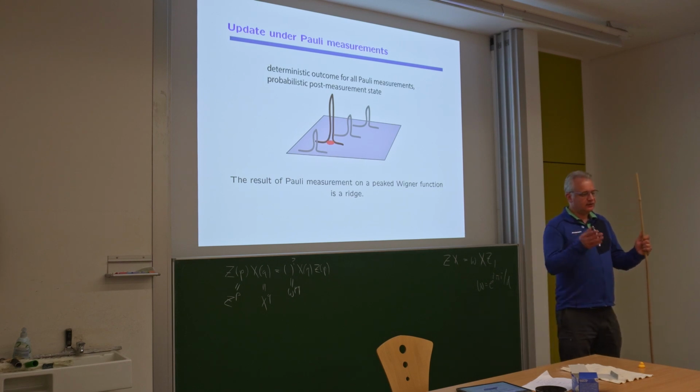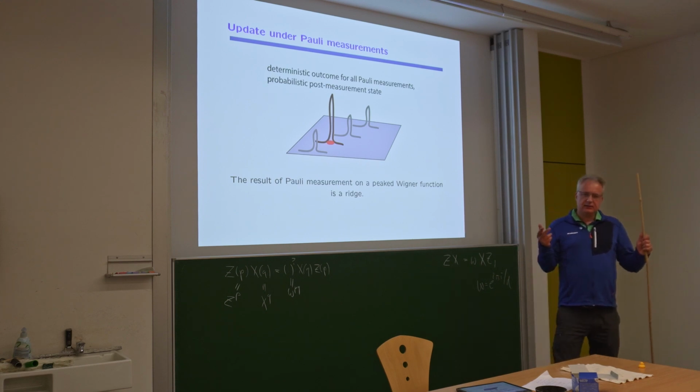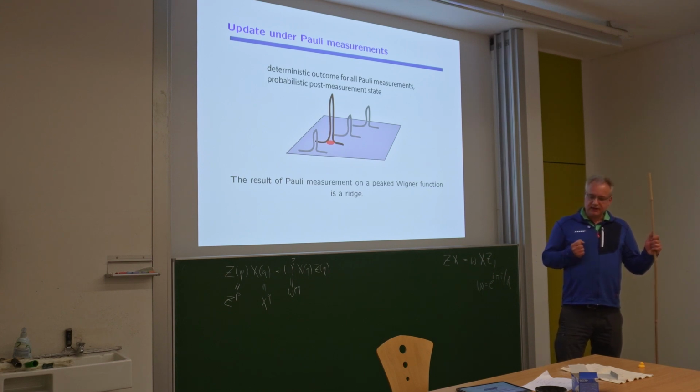Yeah, so that's something that follows straight from our construction of our Wigner function and the Dirac projection postulate. Okay, so remember, the post-measurement state is always an eigenstate of the measured observable. So if you measure a Pauli operator, the post-measurement state has to be an eigenstate of that operator.